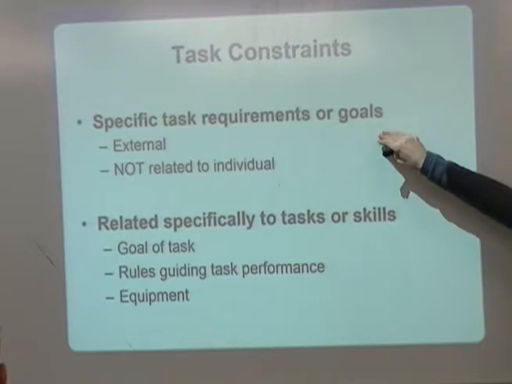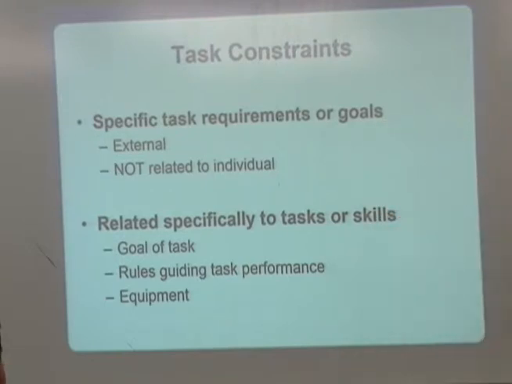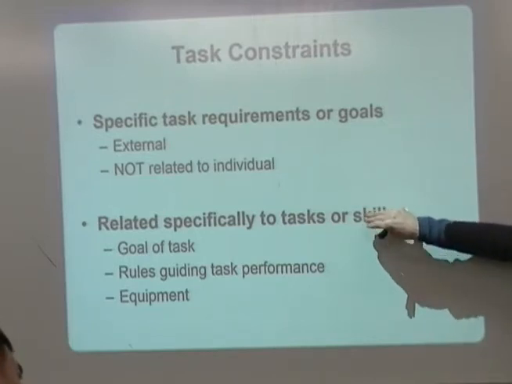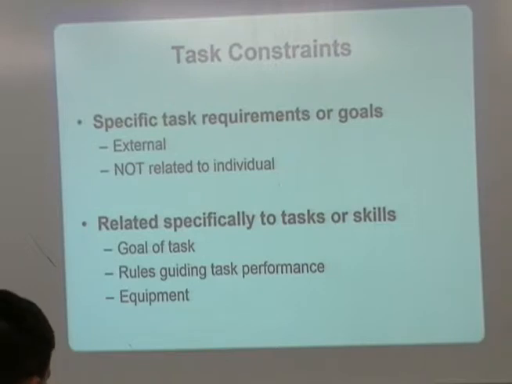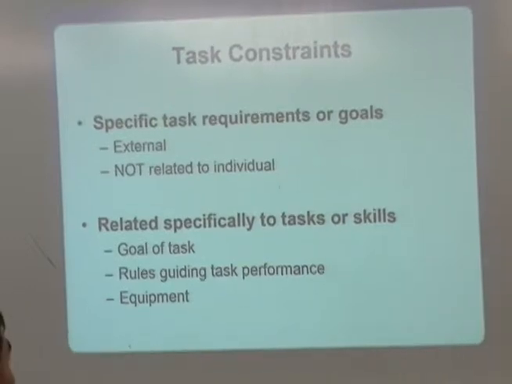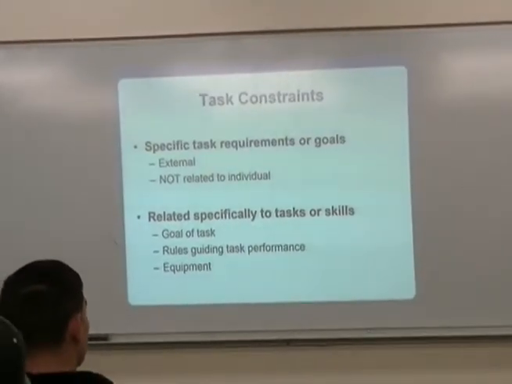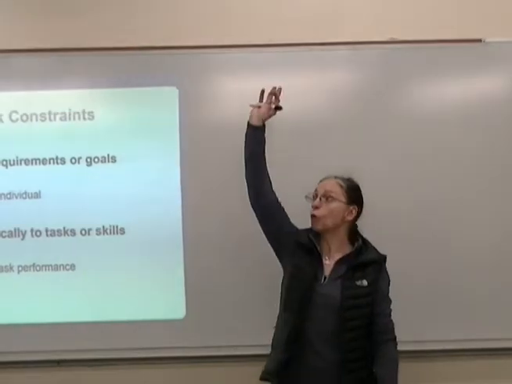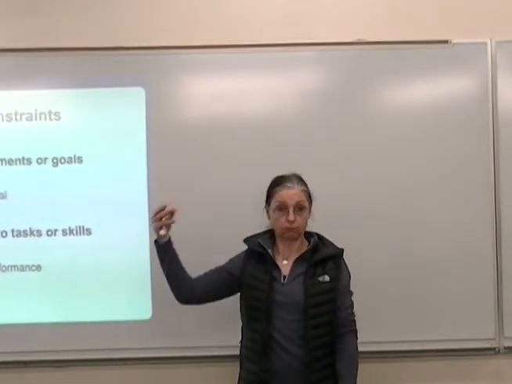So the task constraints are external to the individual, obviously, but they're different from the environment because they're specific to the task that I'm asking for. So they could be something to do with the goal of the task. The goal may be to put the ball through the basket.